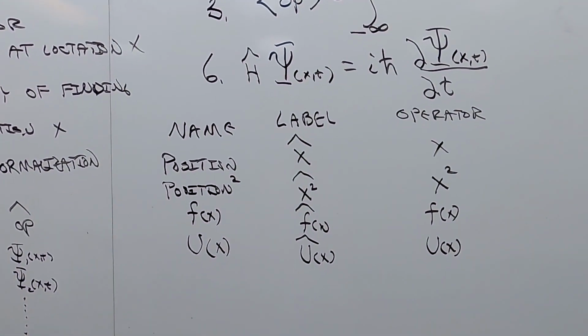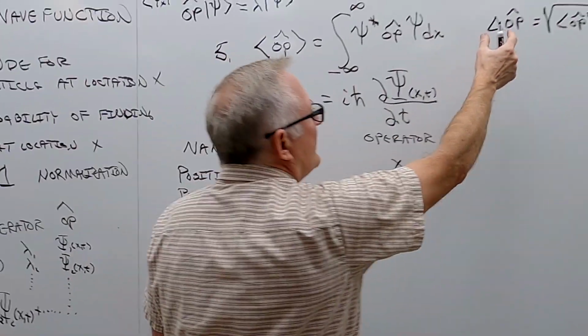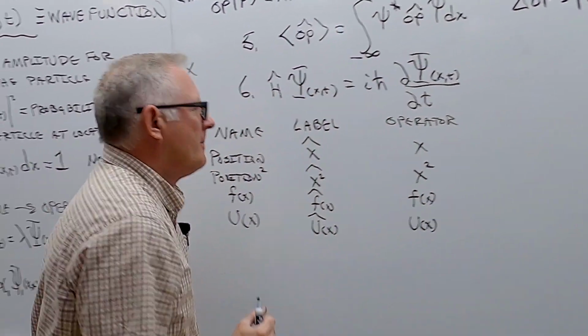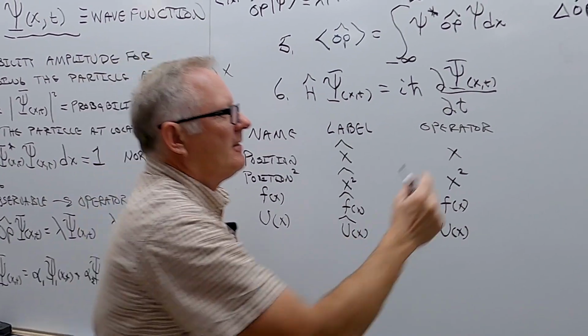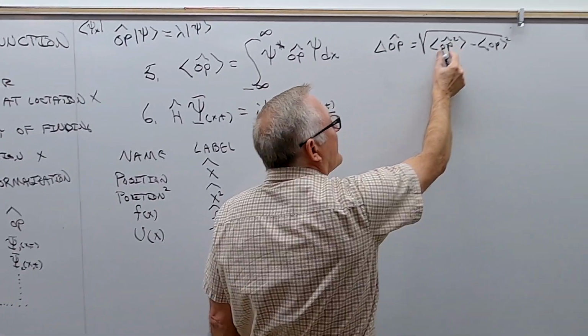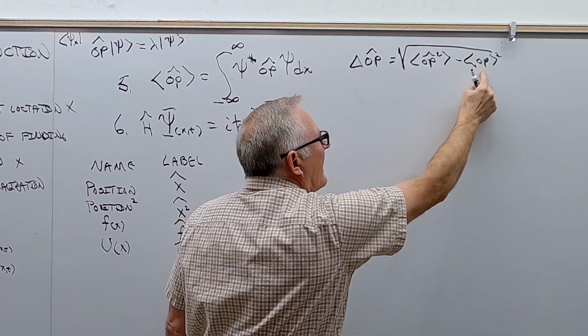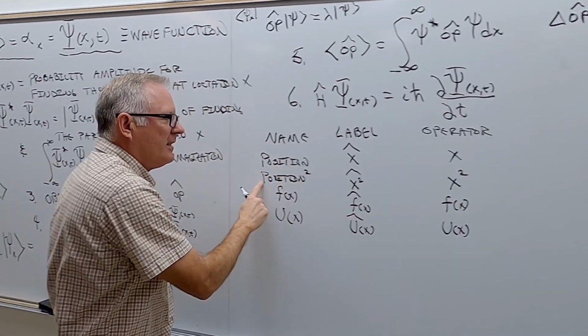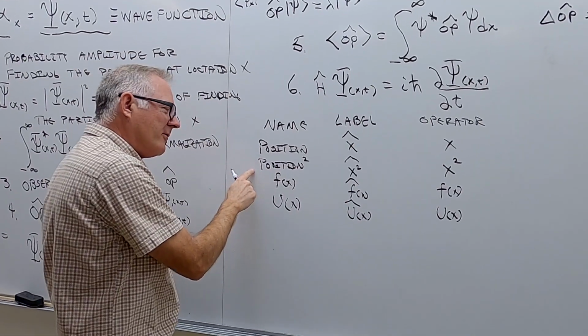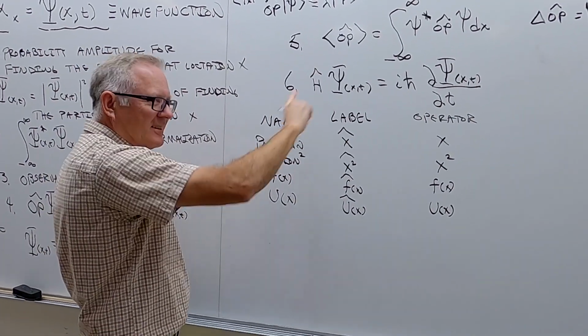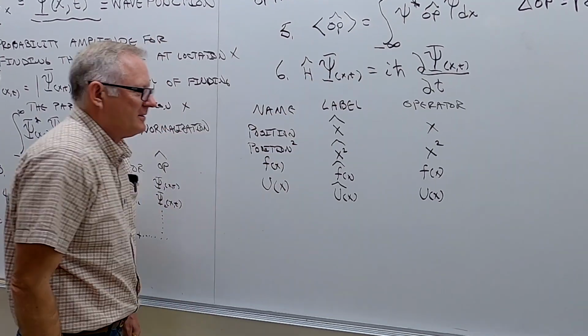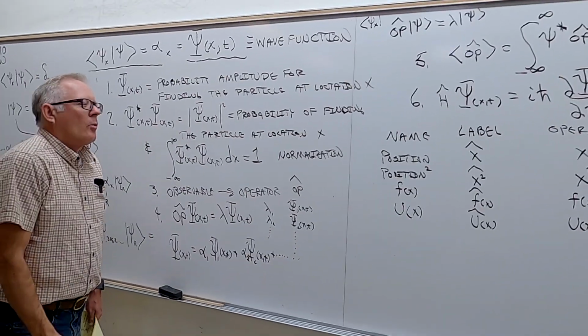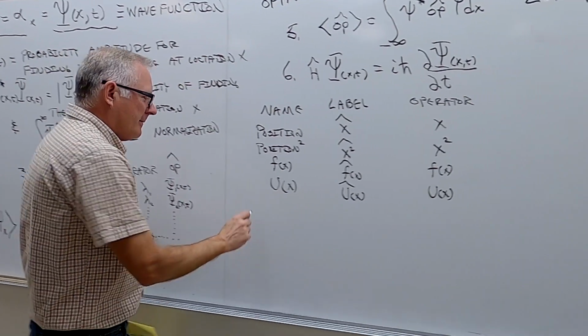You'll notice that if I wanted to find the uncertainty in the position, I would need the operator x squared and x. I would need to do both of these, because I need the average of x squared and the average of x, and then square it and take the difference and so on. Well, what about momentum?